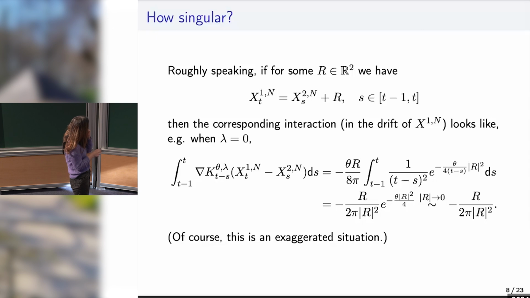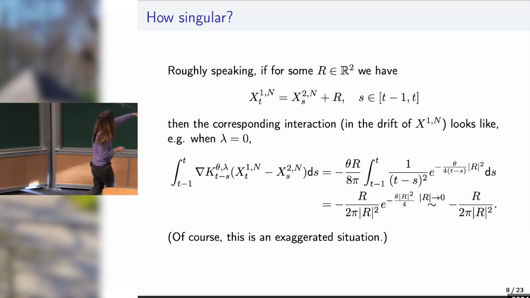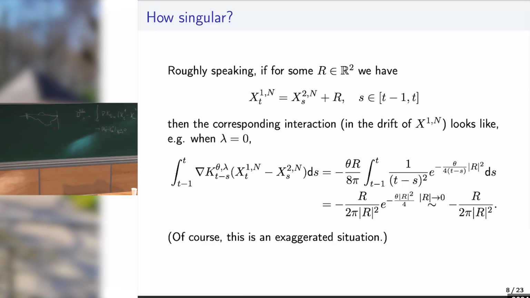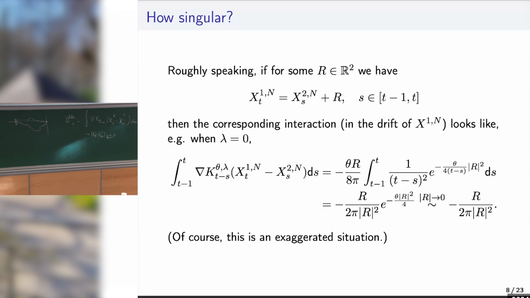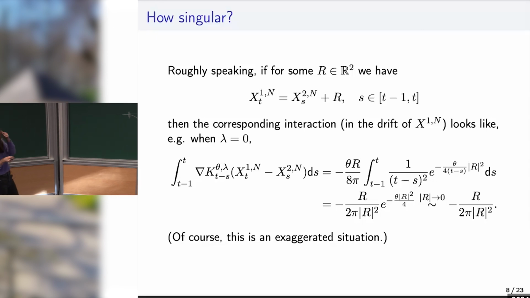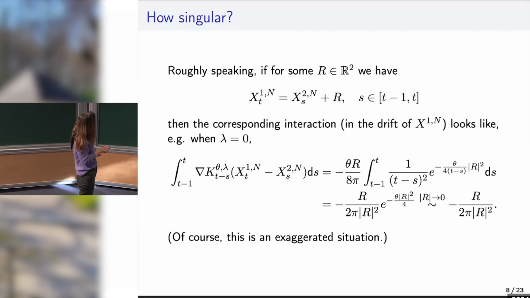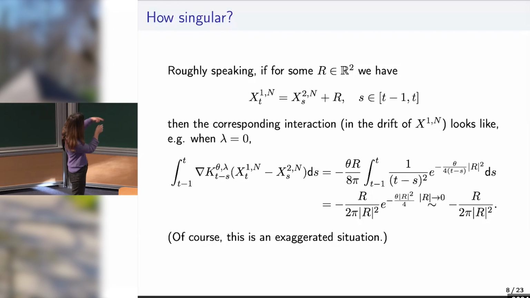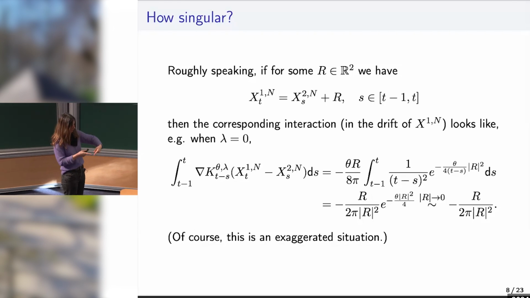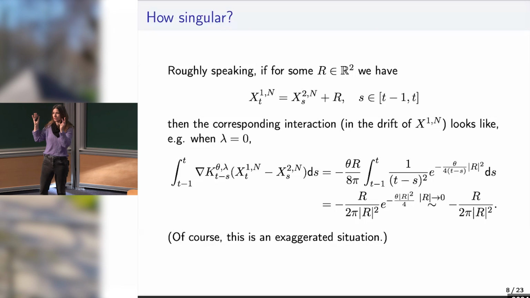So in that case, if you look at their interaction here and really compute what happens, you have the norm of r. You could do this by hand, and you could see that as r goes to 0, as they really approach each other, this behaves like 1 over the norm of r.